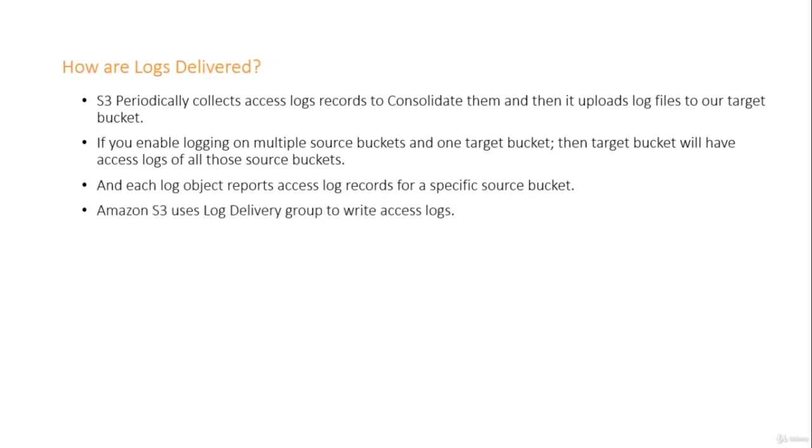To write access logs, Amazon S3 uses a special log delivery account called the log delivery group, and these writes are subject to the usual access control restrictions. Here we must grant the log delivery group write permission on the target bucket by adding a grant entry in the bucket's access control list.